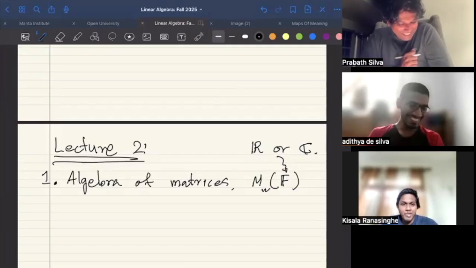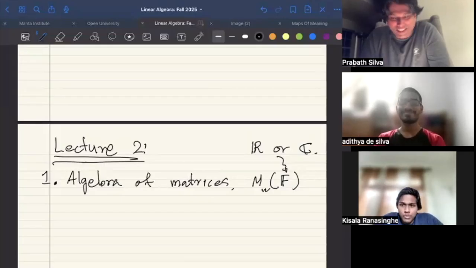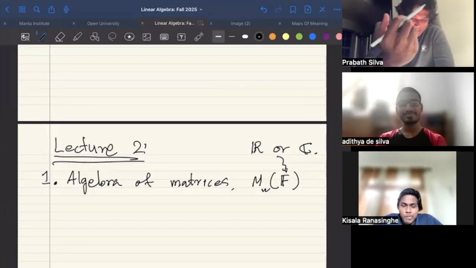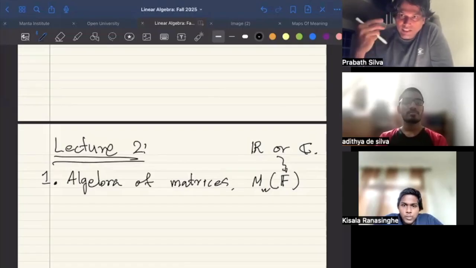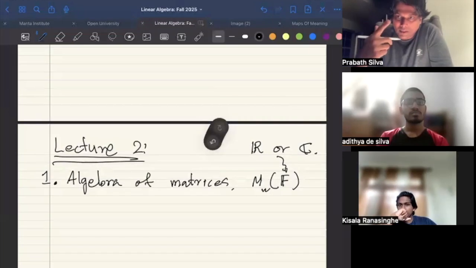So this is the algebra of matrices, and when you don't want to specify whether the entries are real or complex, we put F. So when you write F, that means it's real or complex, both. Now the matrices have three operations. You have addition, multiplication, and scalar multiplication.